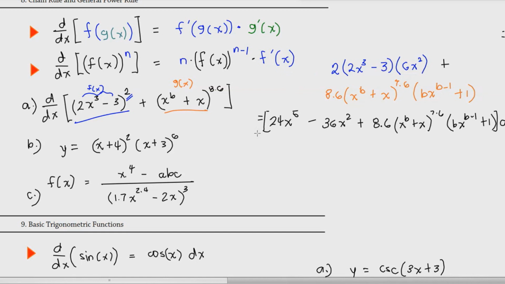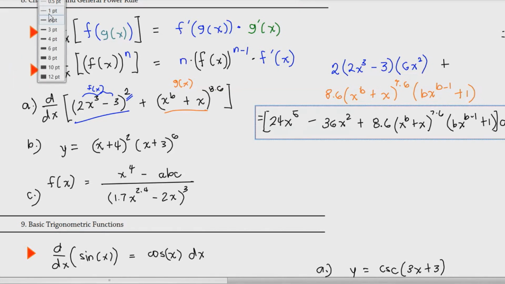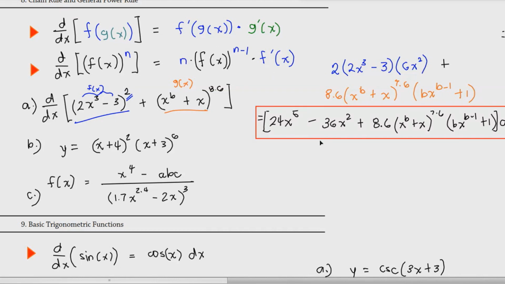Let's do some rectangles here so that you can see the answers that we have had. Okay, so dx is very important since we're expressing this in terms of the d over dx, which is the Leibniz notation.